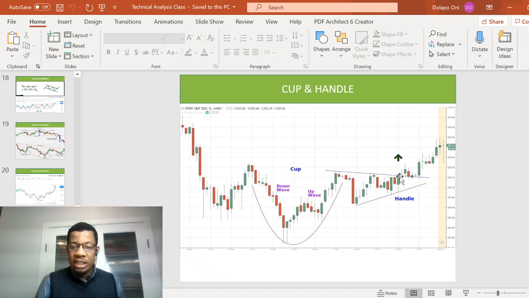Okay, so the cup and handle is an interesting chart format, and the two of them, the cup and handle and the head and shoulders, are pretty much the strongest ones that I tend to look at. But most times you also see triple bottoms or double bottoms or tops in the market that tell you a lot more about prices, and you can use that to trade.